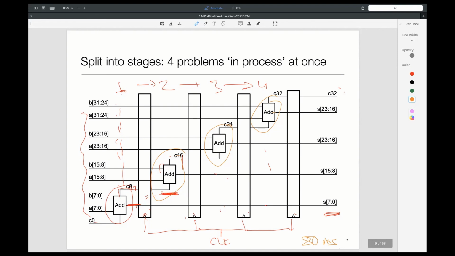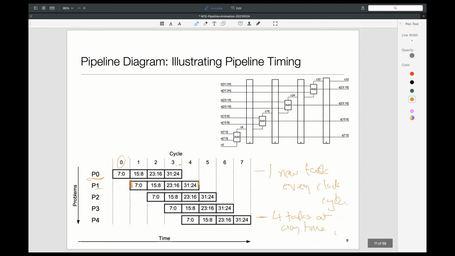Now, the thing to remember though is any given addition would still take 4 times 80 nanoseconds in our example, 320 nanoseconds, right? So from start to finish, it's still 320 nanoseconds. It's just that I'm able to initiate a new one every clock tick.